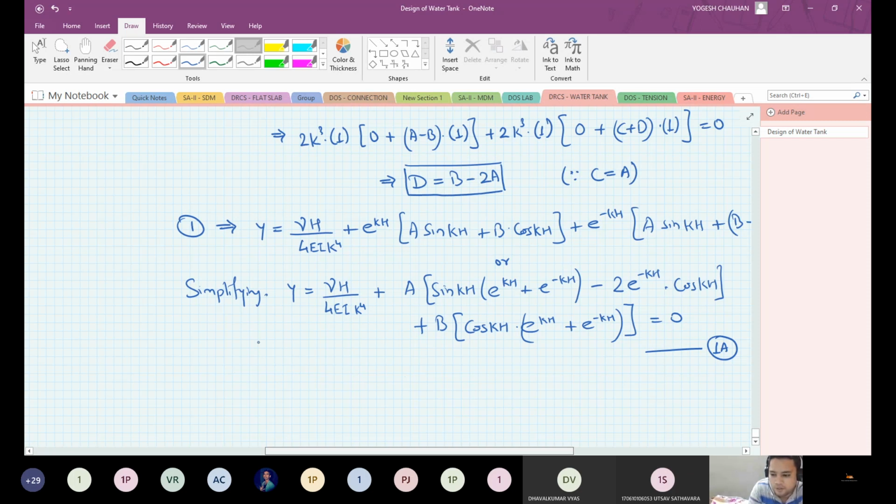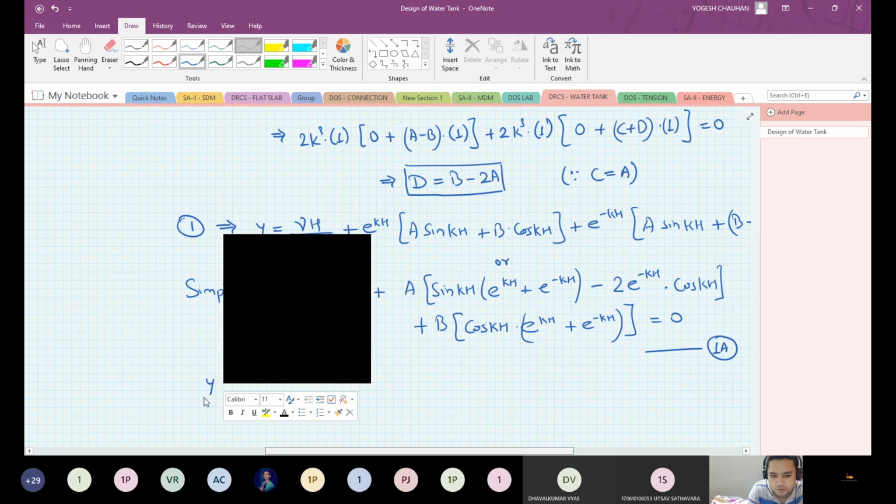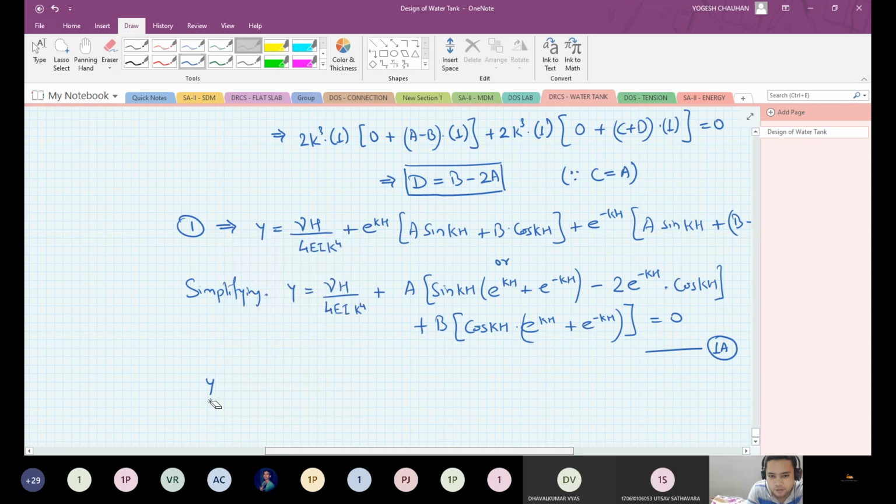So your y, substitute all these values, the value of h and all, so it will be 9.8 into 10 to the power 3 into 4, divided by 4 into e into I k raised to the power 4.